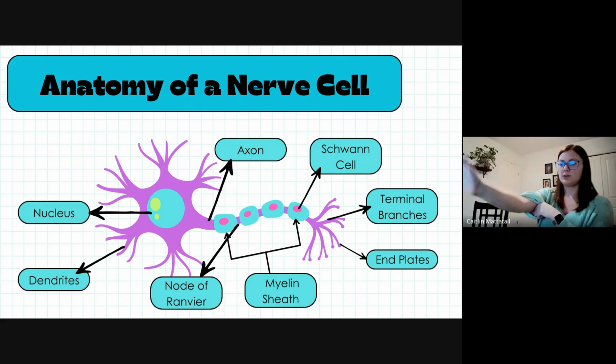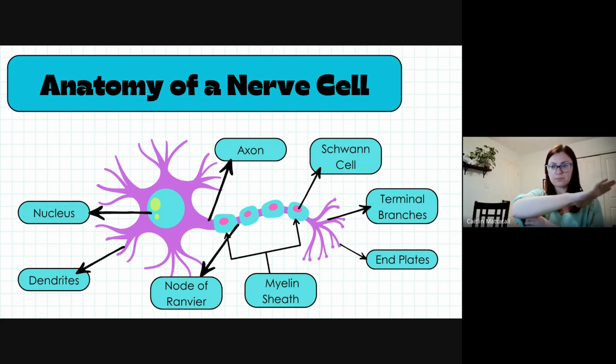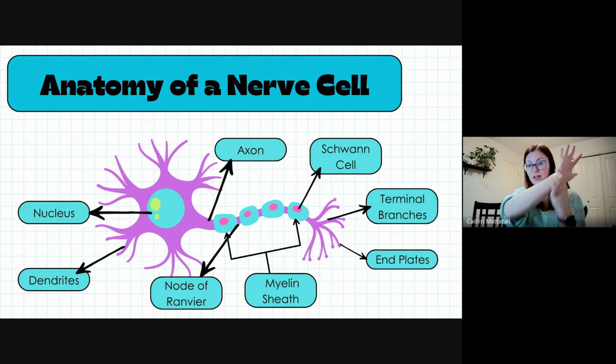Then I want you to think of your arm. And your arm, then here, the forearm part will be the axon. Okay, so dendrites, cell body, axon. And then in the case of this specific neuron, I have a myelin sheath. So my sweater is going to be a layer that goes on top of the axon.